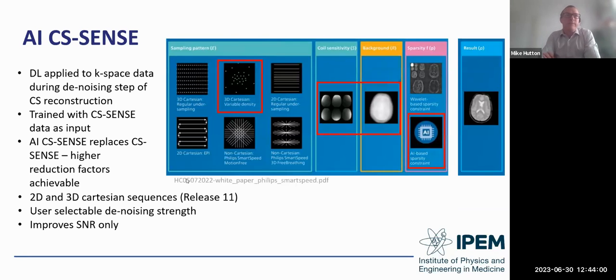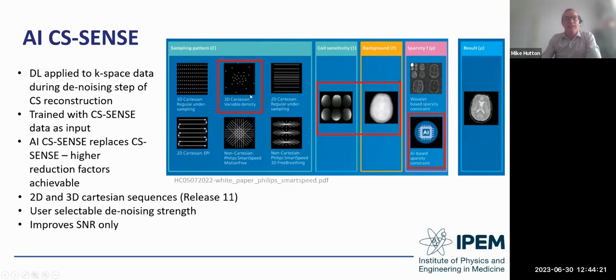So the implementation from Philips, AI CS SENSE. This is deep learning that's been applied to the k-space data during the denoising step of compressed SENSE reconstruction. The diagram here is taken from the Philips white paper that summarizes all the different elements of SmartSpeed, and I put big red boxes around the parts that are relevant for AI CS SENSE.